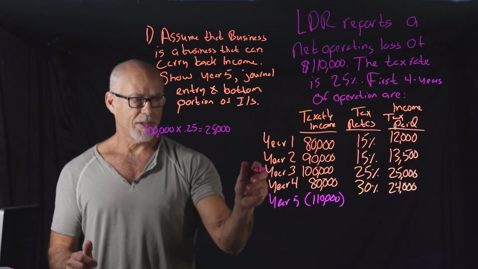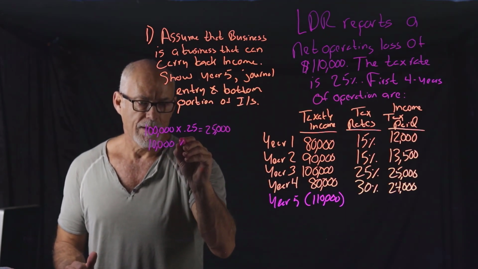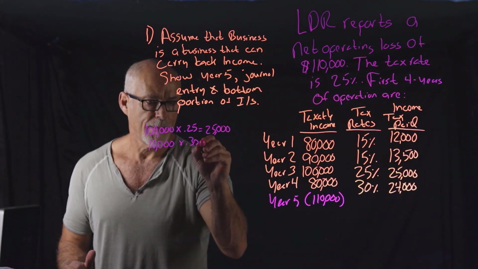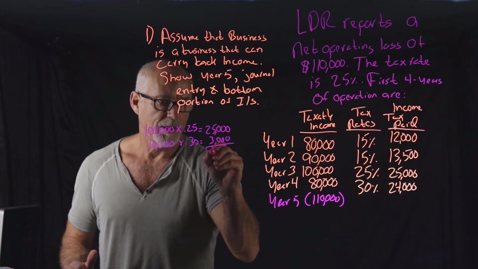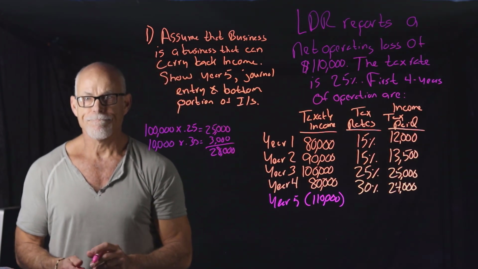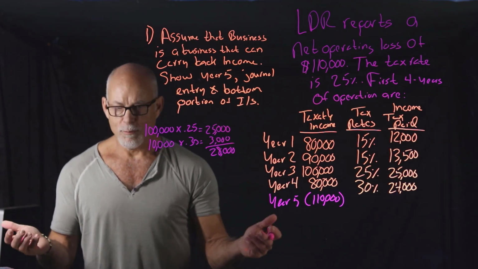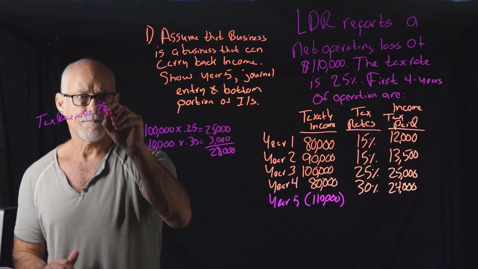And then the remainder is going to come from year 4, and that's $10,000 times its tax rate, which is 30%, which equals $3,000. So the total amount that I'm going to get back is $28,000. And we're going to call that tax receivable, and it's for $28,000.